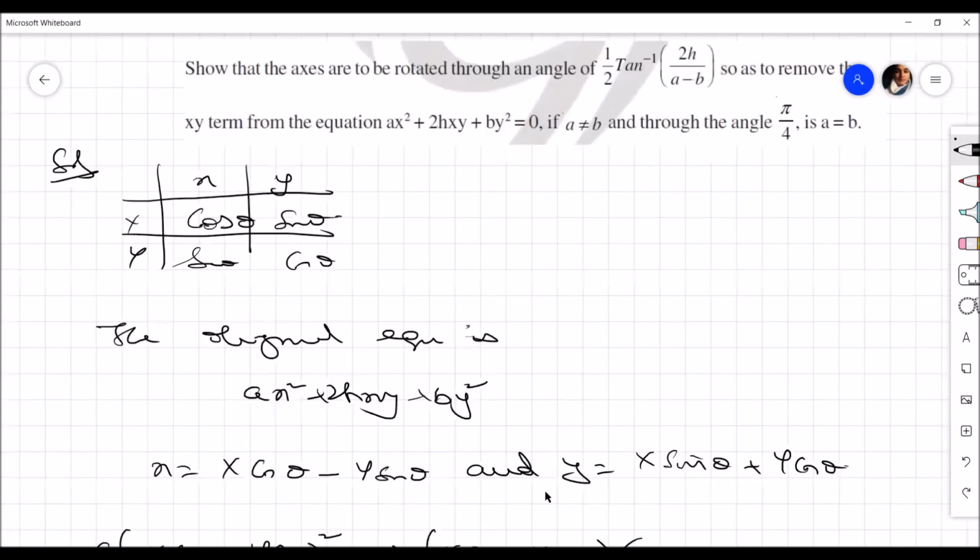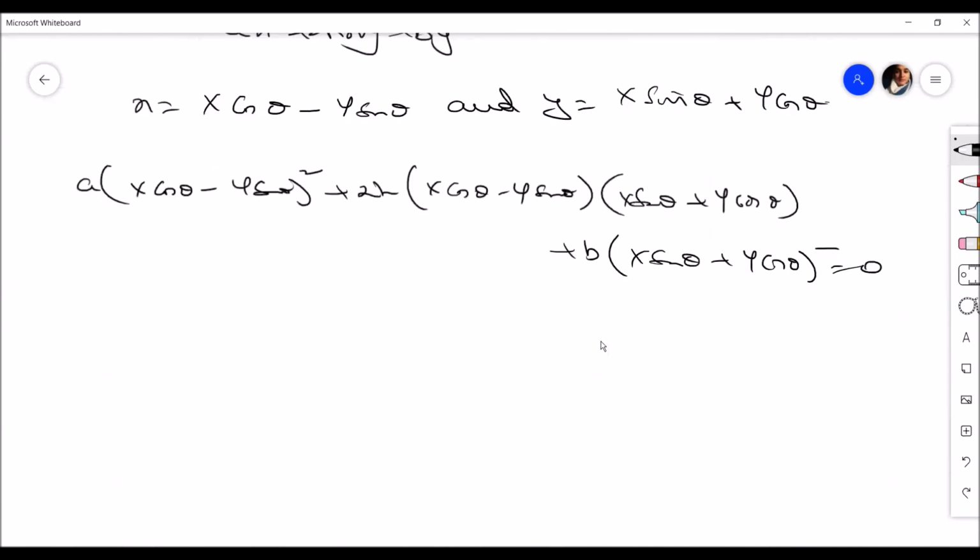So in order to remove the xy term, all you need to do is identify where all you will be getting an xy term. So where all would you be getting an xy term? Here, you don't really have to expand, but you can visualize it.